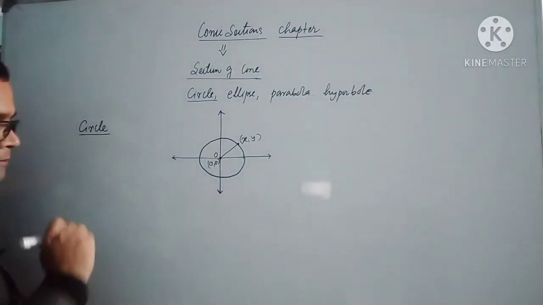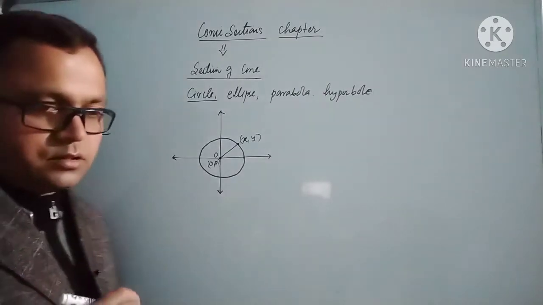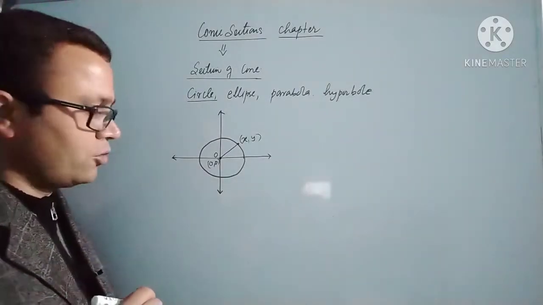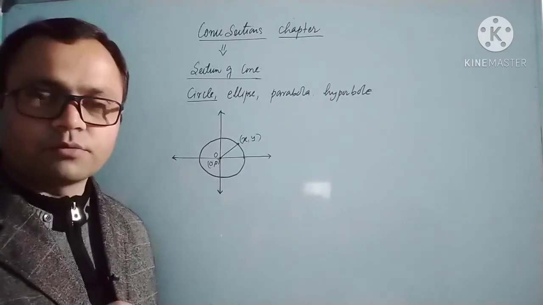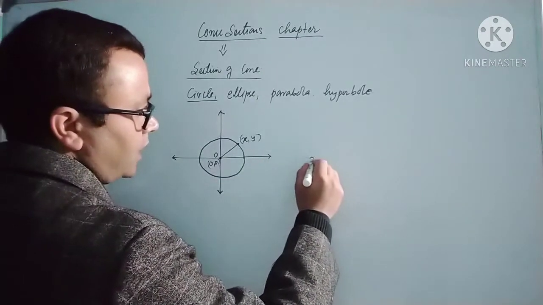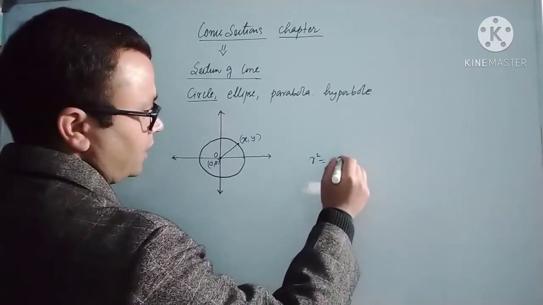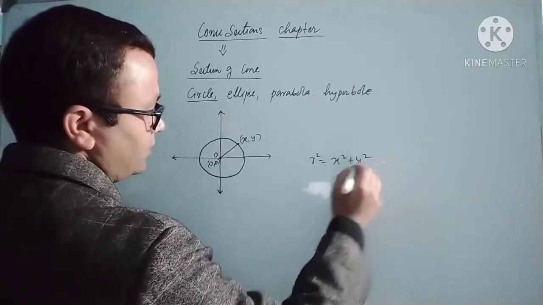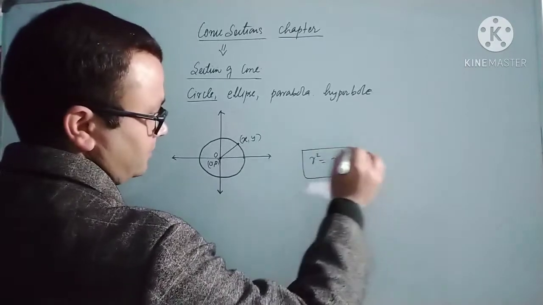If the center of the circle is at origin, then the equation of circle will be r square equals x square plus y square. So how to get it?